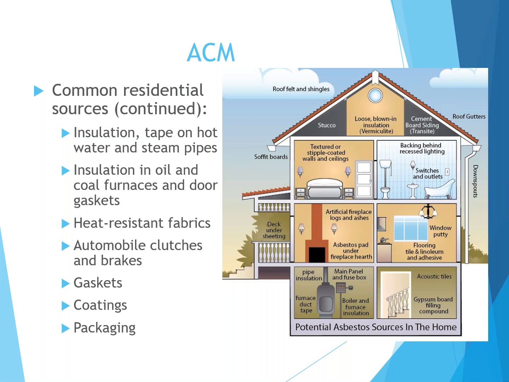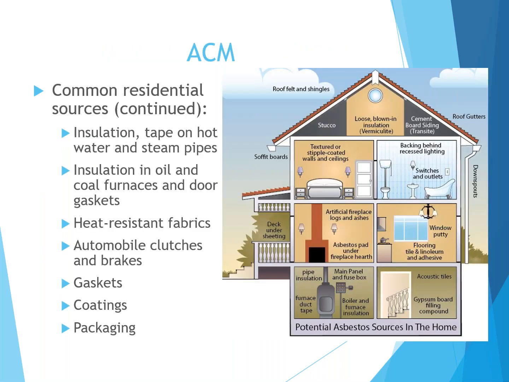Insulation on oil and coal furnaces and door gaskets, obviously this isn't as much concern as we've moved away from those sources in many cases. We do see it still on heat resistant fabrics. Automobile clutches and brakes, not as much of a concern for you all. Gaskets, coatings, and packaging, again, not as much of a concern, but you might see them in odd places during an inspection.